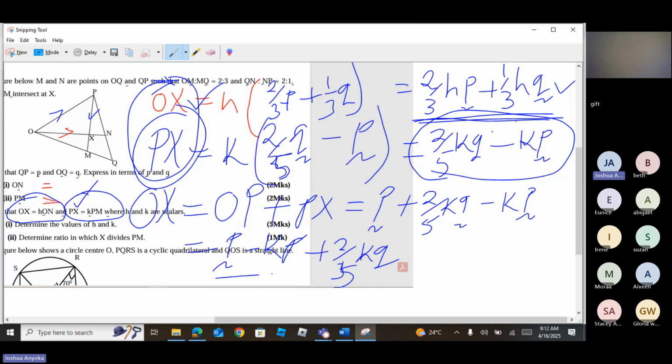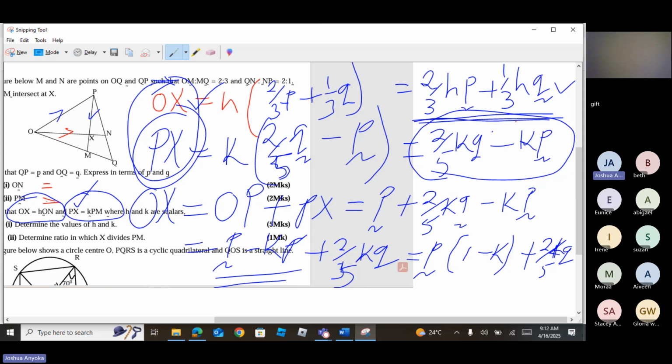If we factor out P, which is common, we remain with 1 minus K, then plus 2 over 5 KQ. Good.